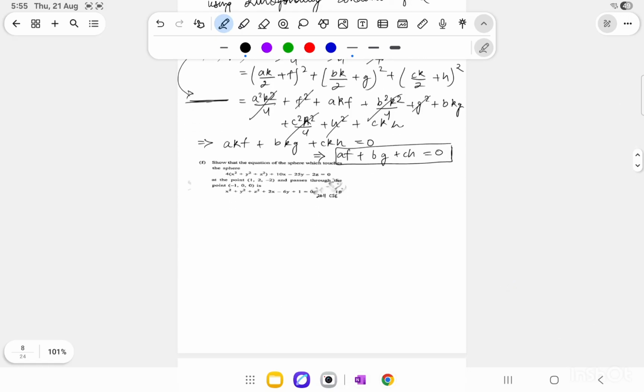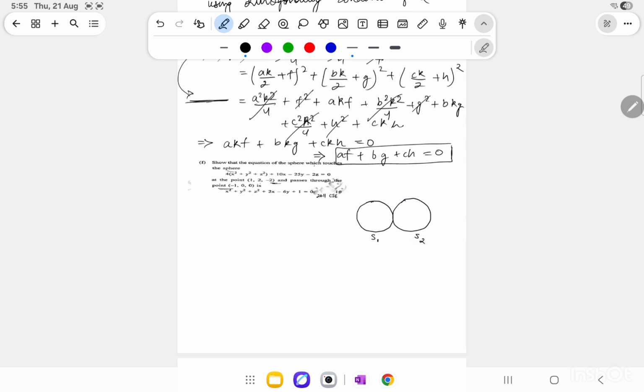So the next question says that show that the equation of the sphere which touches this sphere at this point and passes through this point is this. So let's say this is my sphere S1 and this is my sphere S2.